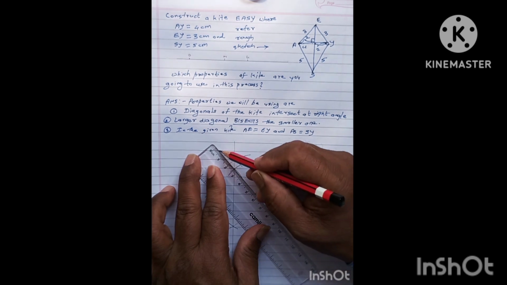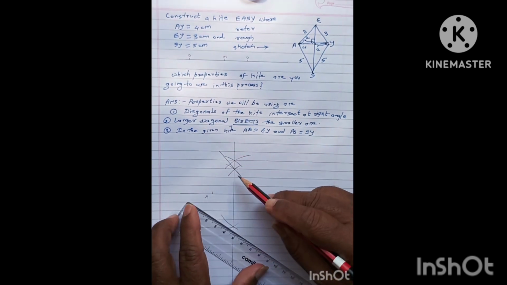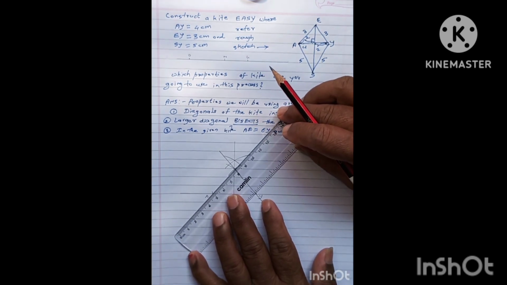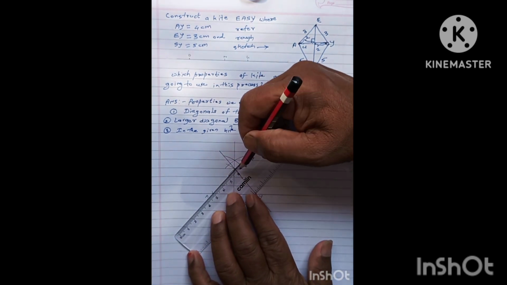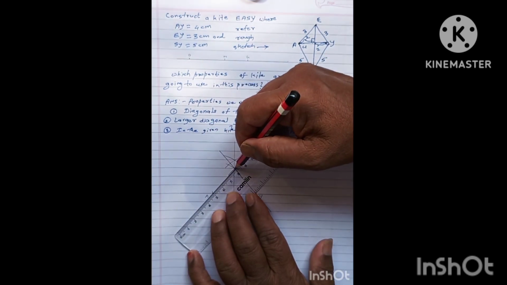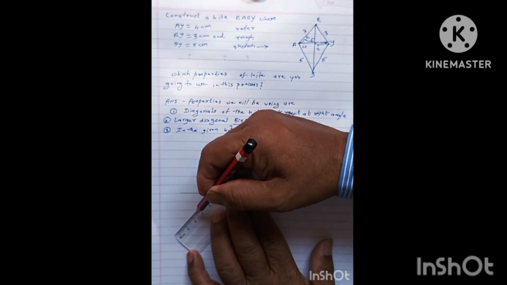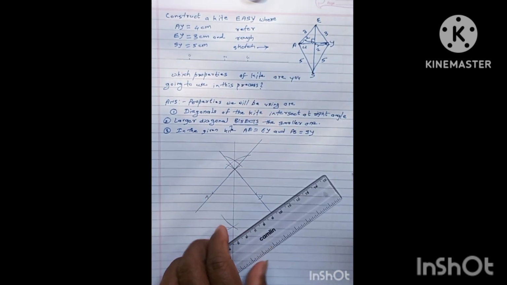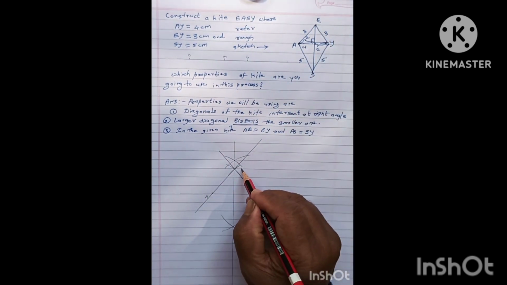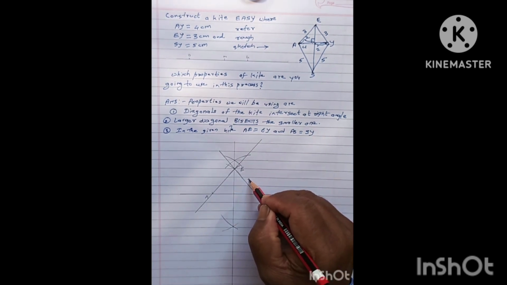You can use your knowledge for this. See, I am joining this and this, because in this type of construction you cannot erase anything. So you have to keep both the arcs or the marks as they are.